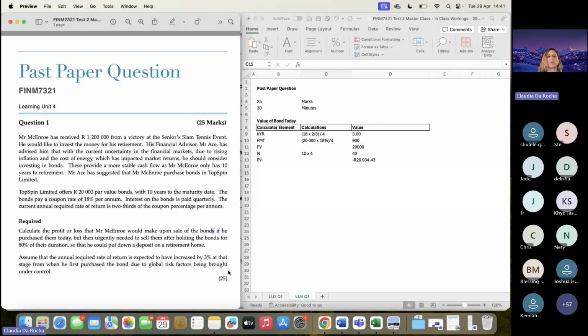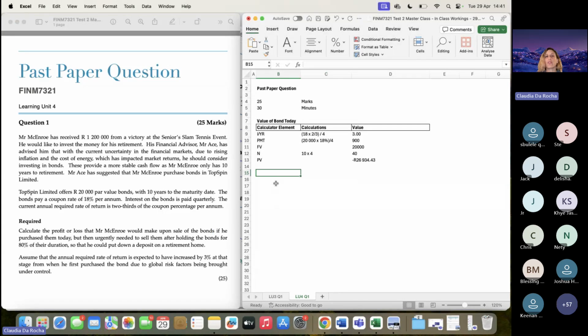There are multiple bonds here. This question isn't very clear on that, but there are multiple bonds. So we have to calculate how many bonds he has, so that we can calculate the total profit and loss. Okay, how do we calculate the number of bonds?